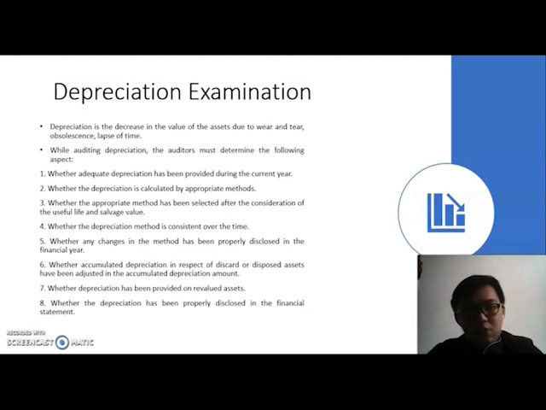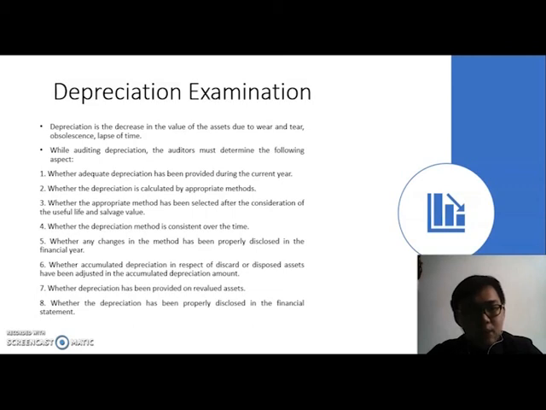Depreciation is the decrease in the value of the assets due to wear and tear, obsolescence, and lapse of time. While auditing depreciation, the auditor must determine the following aspects. The first is whether adequate depreciation has been provided during the current year. The second is whether the depreciation is calculated by an appropriate method.